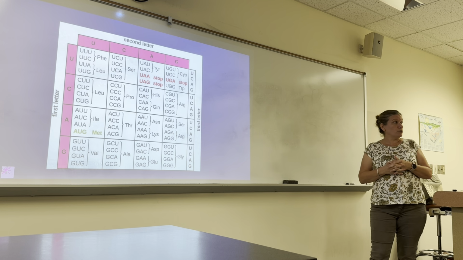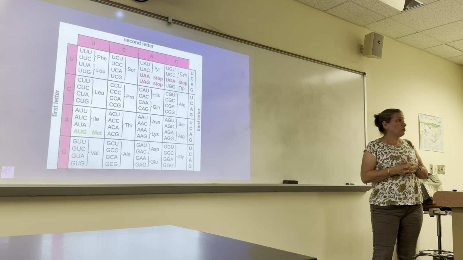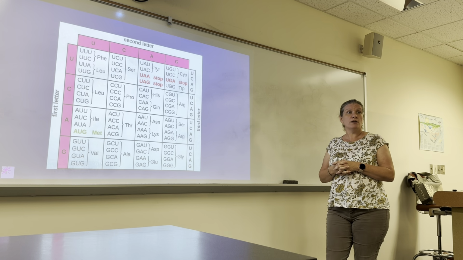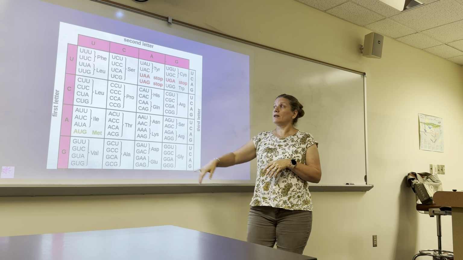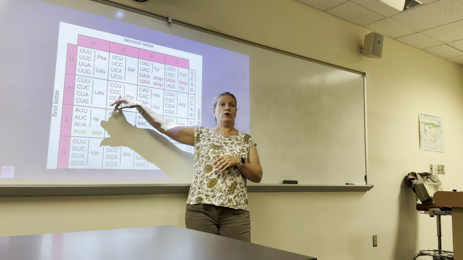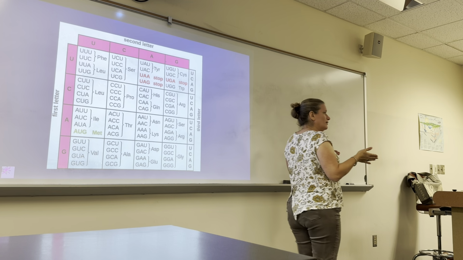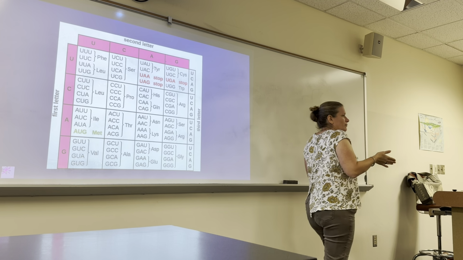Later, when we talk about mutations, this is sometimes going to play to our benefit, say with silent mutations, where a change in the third nucleotide of a particular codon might not actually result in a change in amino acid. You'll also notice on this table the start.